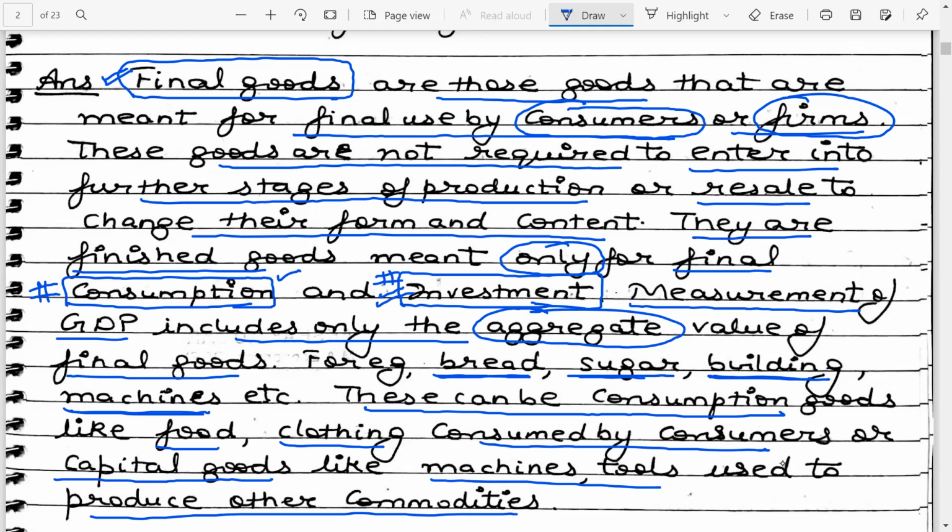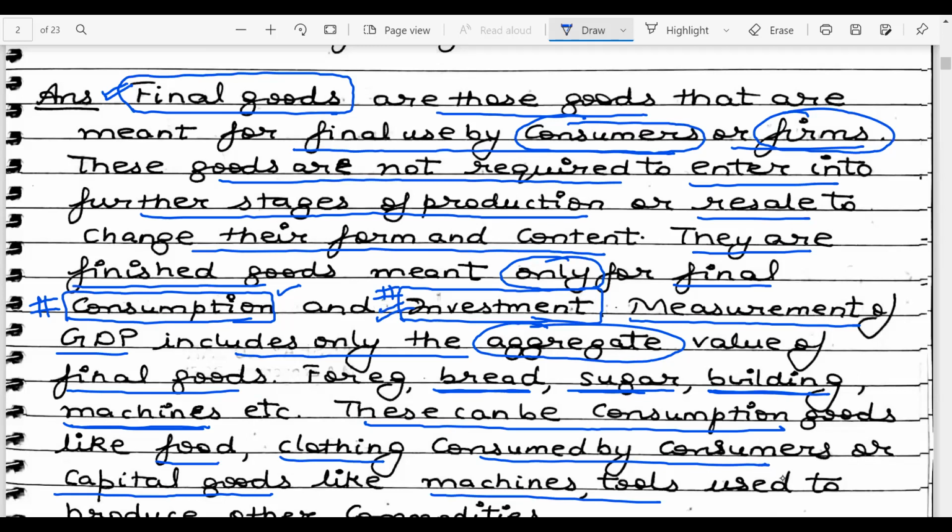So if I quickly come to the whiteboard and explain this, when we talk of final goods, they are counted in national income. That means when we are calculating national income, we add final goods.